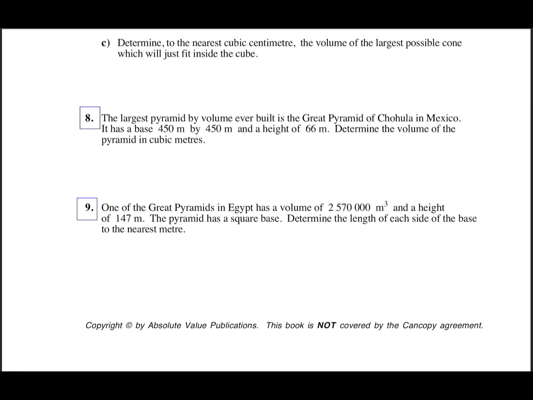Okay, number 8 is a pyramid, and its base is a square 450 meters, and then the height, so we need to find the volume. It's very easy, just 1/3 times the base area times height.